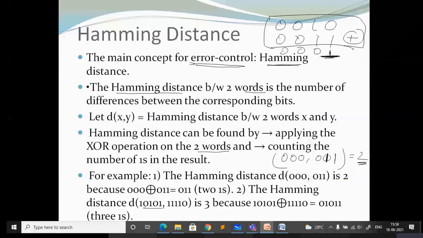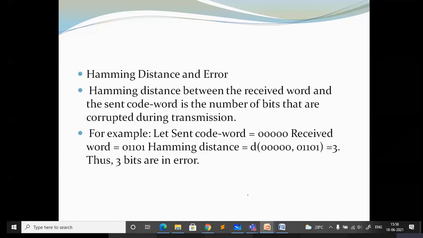Similarly, you can go with this number. So the distance is 3 and here also it is 3. This is called Hamming distance. So how to represent Hamming distance?